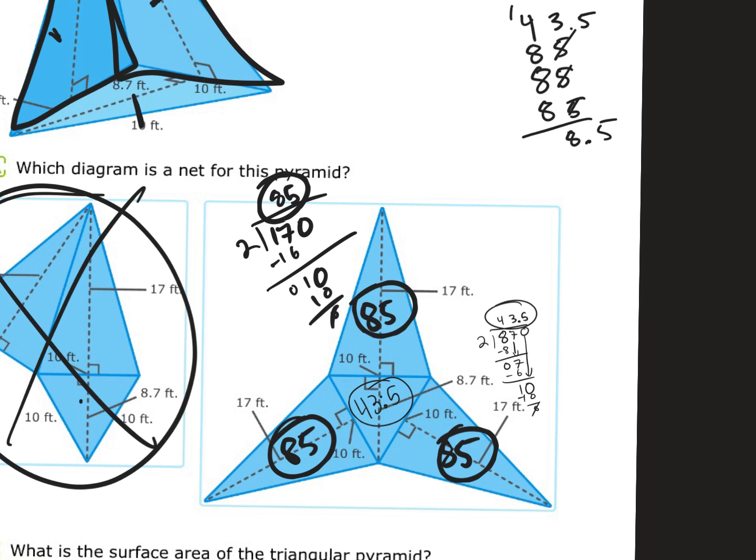We carry the 1. And then we have 8 times 3. That gets us 24. Plus 4, that's 28, 29. And we get 298.5 feet squared. And that is it for our triangular pyramids.